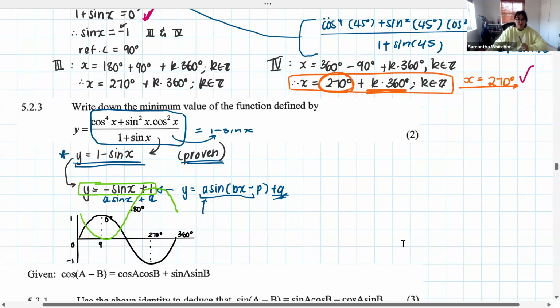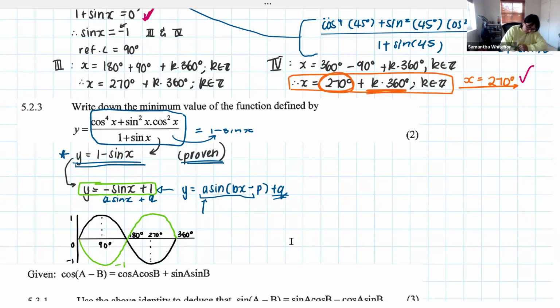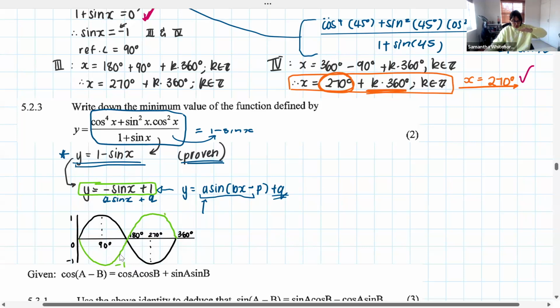It's great that I have a computer, I can just move it, but it just shifts up 1 unit. So I'm going to do that again, and how I knew it sat there. Remember, this is a minimum at -1, this is a maximum at 1. If I'm going 1 unit up, that minimum now moves to 0. And that maximum now moves to 2.